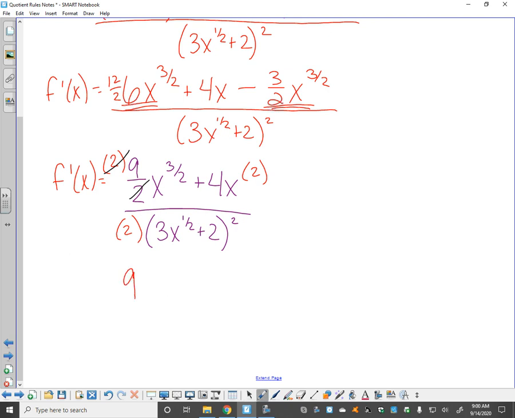And so that gives me 9x to the 3/2 plus 8x over 2 times 3 to the 1/2 plus 2 squared. Everybody got a 2. They will never have what's in purple. They'll have that.